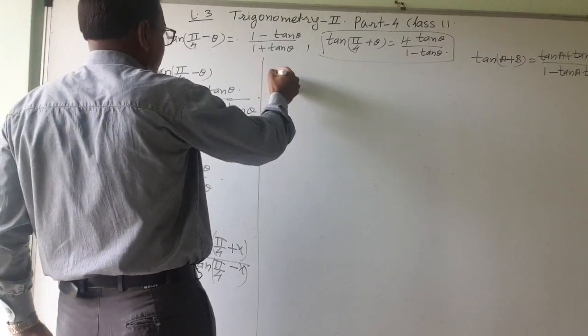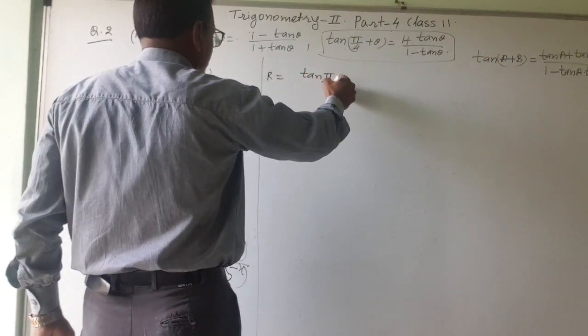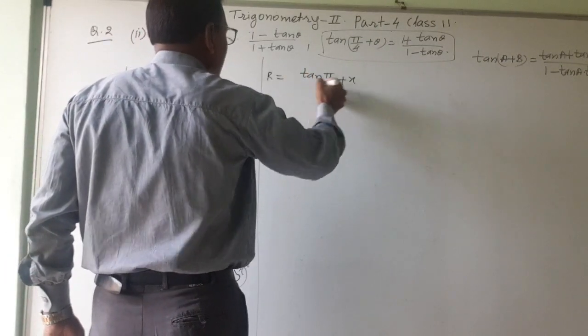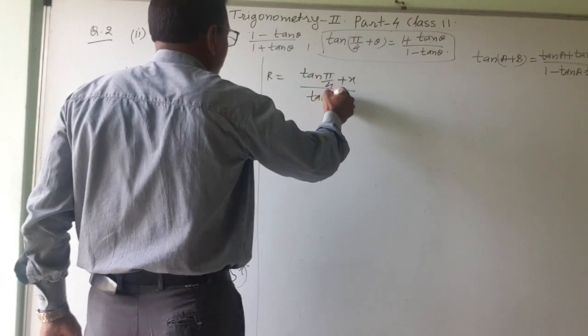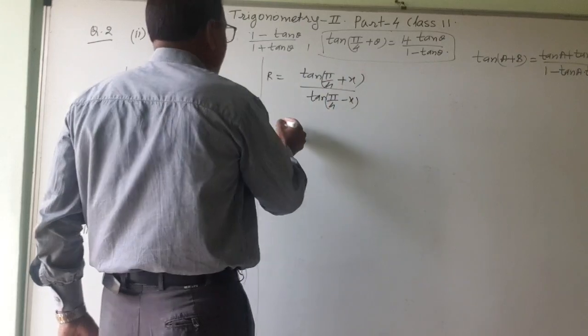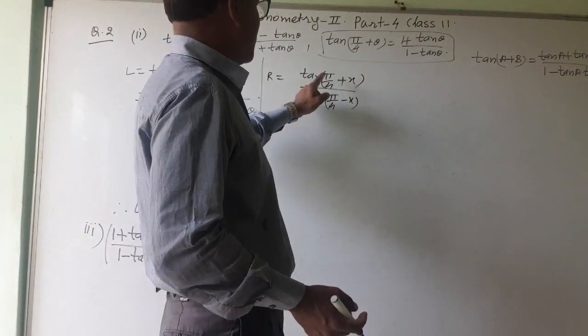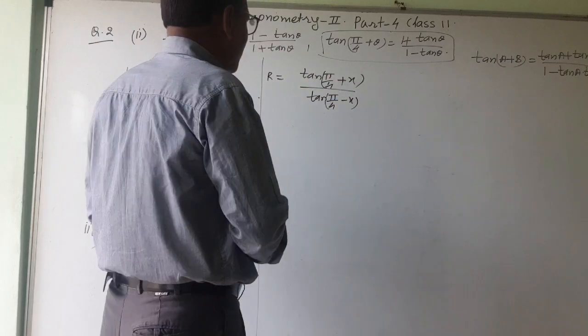RHS equal to tan of pi by 4 plus x upon tan of pi by 4 minus x. That is equal to, use that formula, tan of a plus b, tan a plus tan b upon 1 minus tan a into tan b.